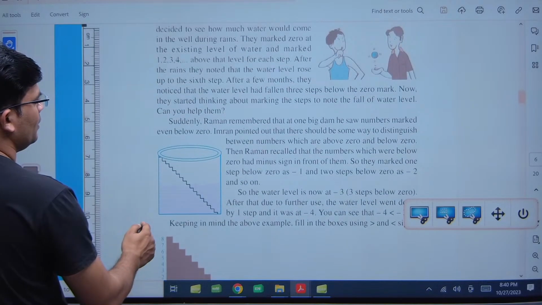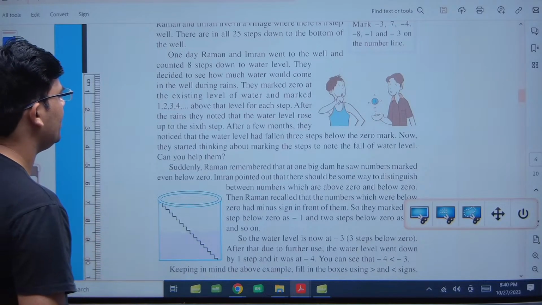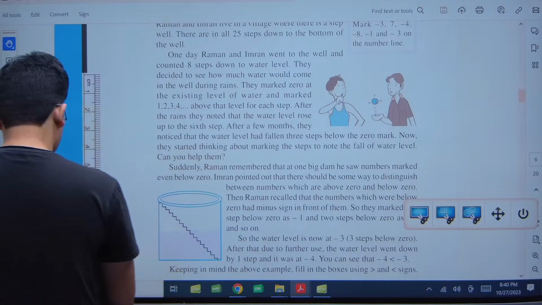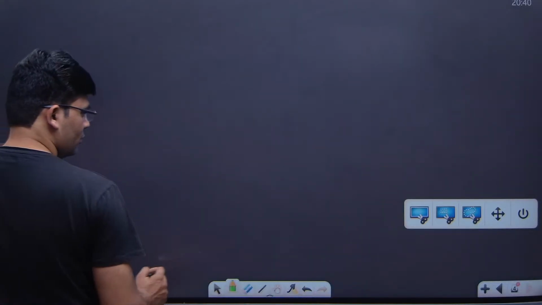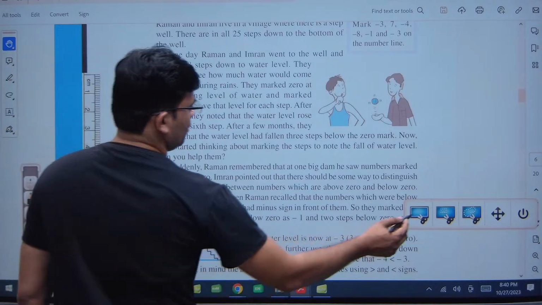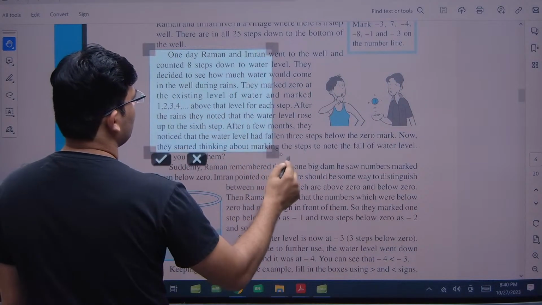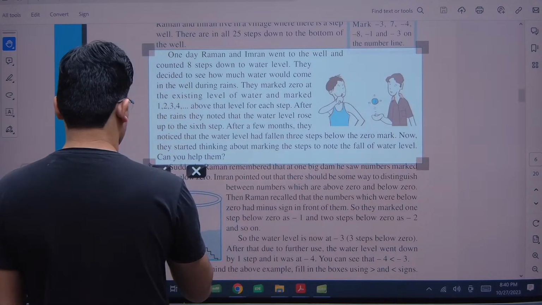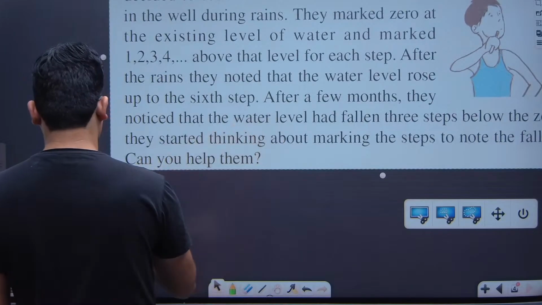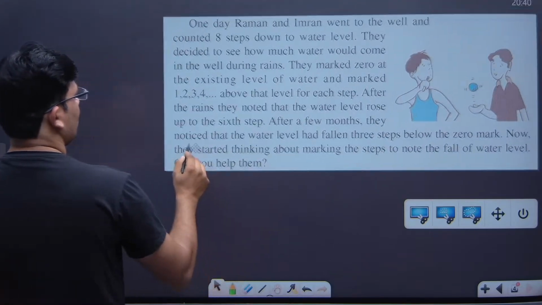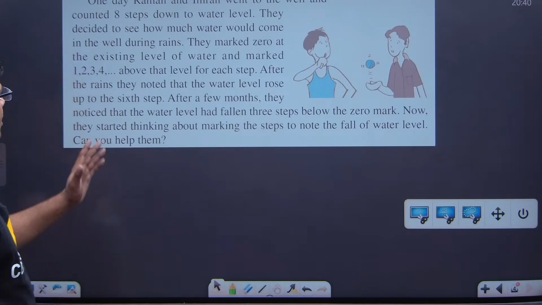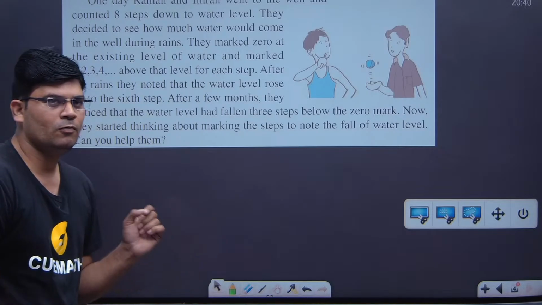Okay. Now one day Raman and Imran went to a well and counted 8 steps. This is the problem that we will discuss on this board. One day, Raman and Imran went to a well and counted 8 steps down the water level.